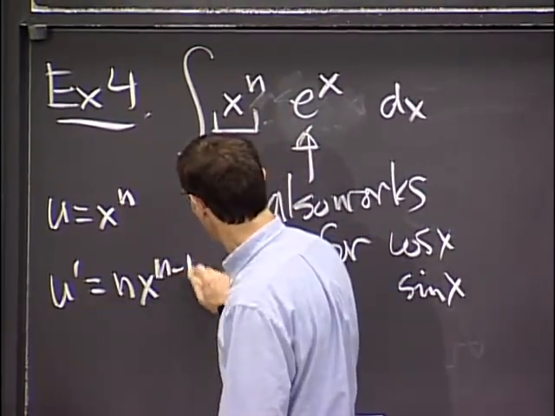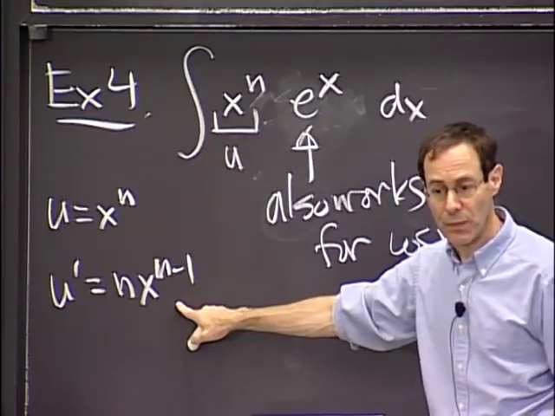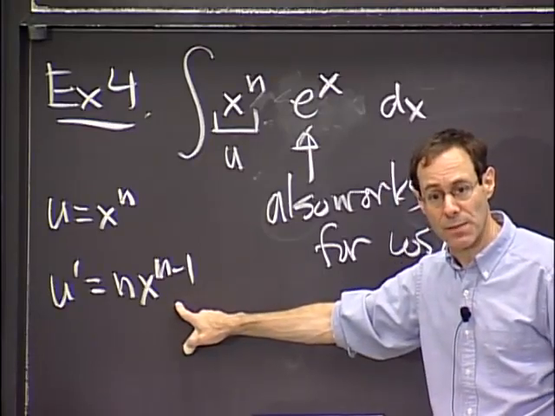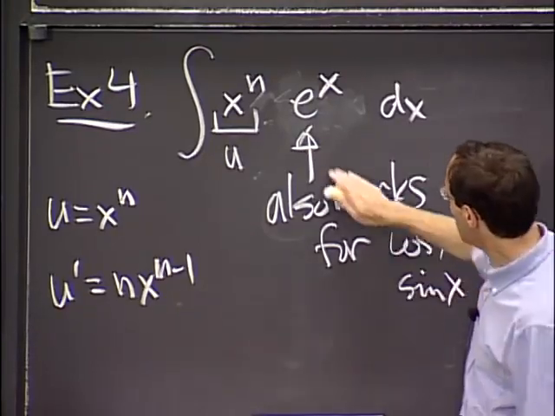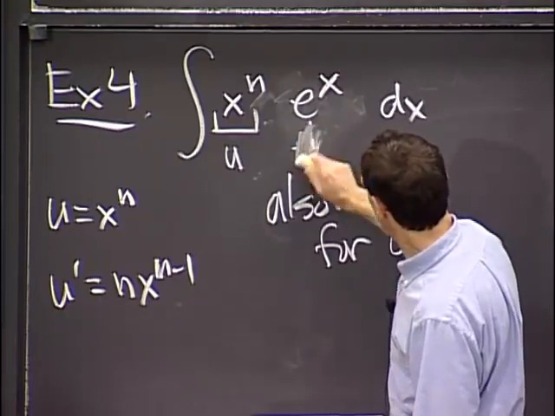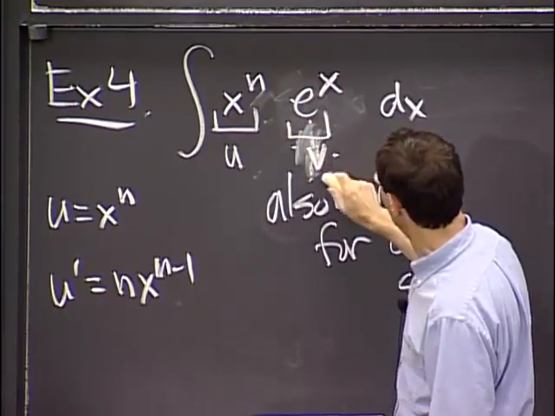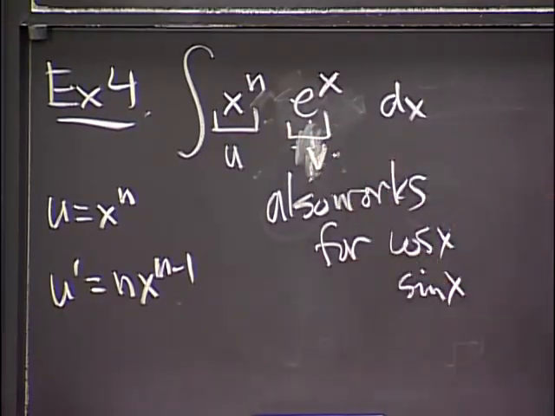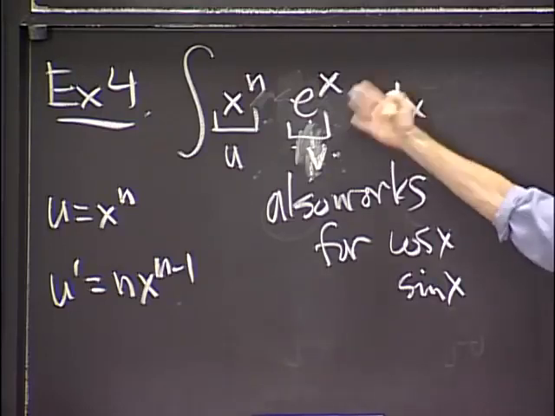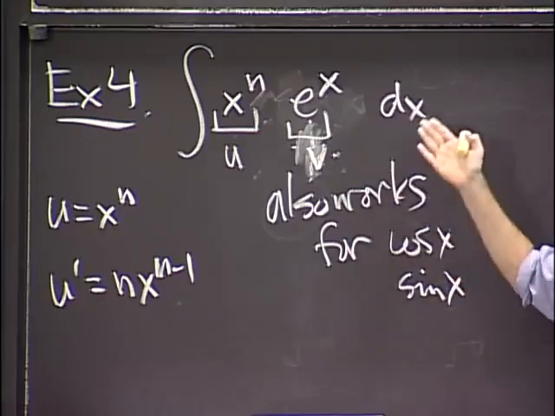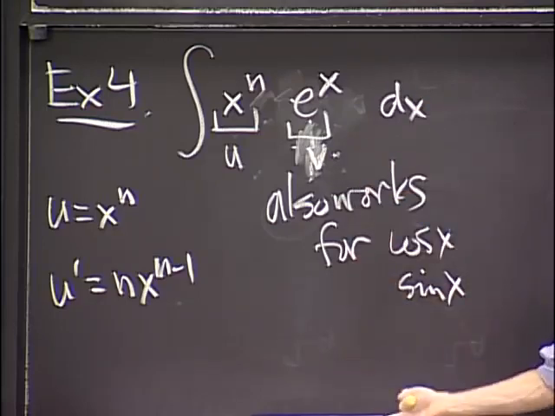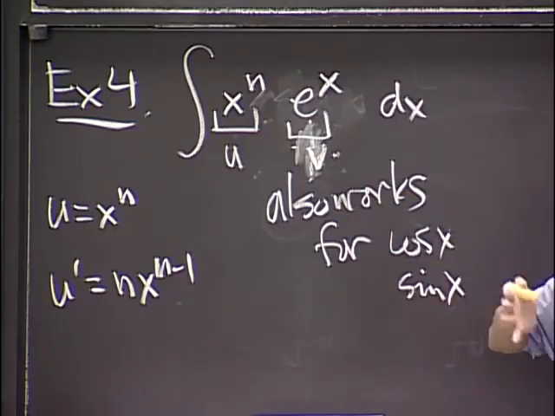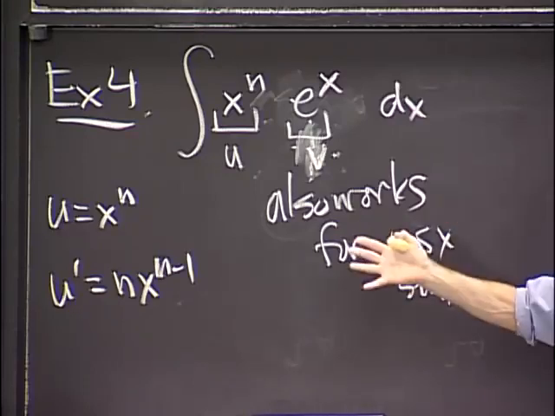It's simpler because it's 1 degree down. So that's making progress for us. On the other hand, this function here is going to be what I'll use for v. And if I did it the other way around and I differentiated that, I would just get the same level of complexity. Differentiating e to the x just gives you back e to the x, so that's boring.